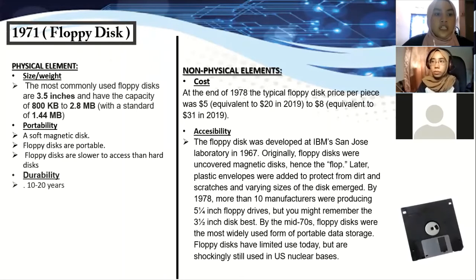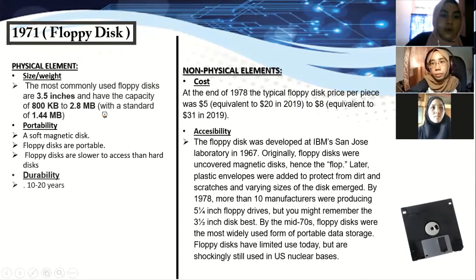So let's see the first one, physical element, the size and weight. The most commonly used floppy disks are 3.5 inch and have the capacity of 800 KB to 2.8 MB, which means with a standard of 1.44 MB.